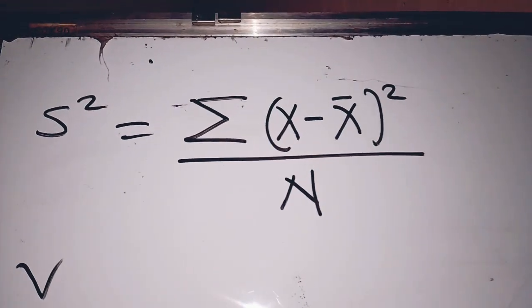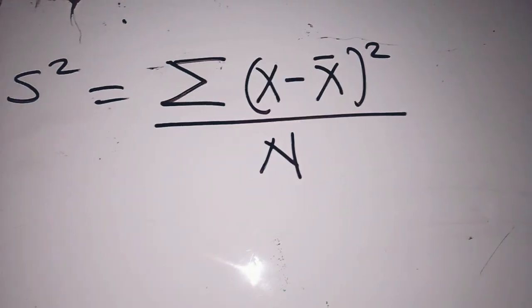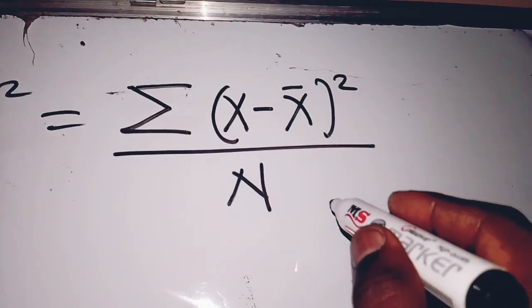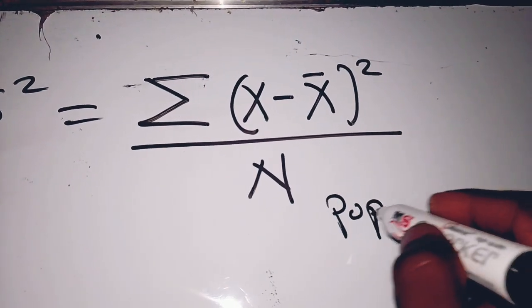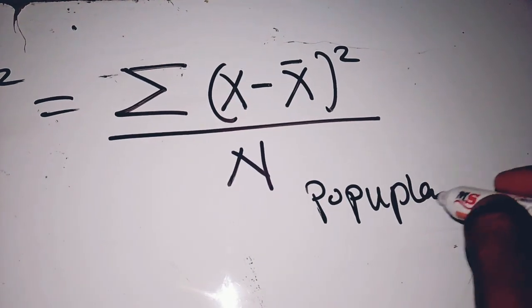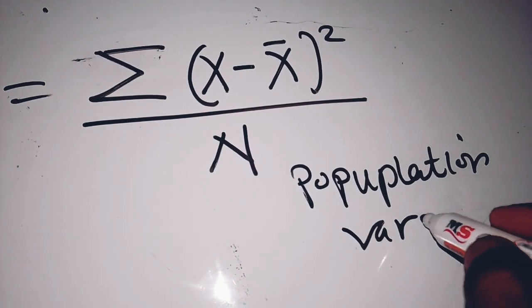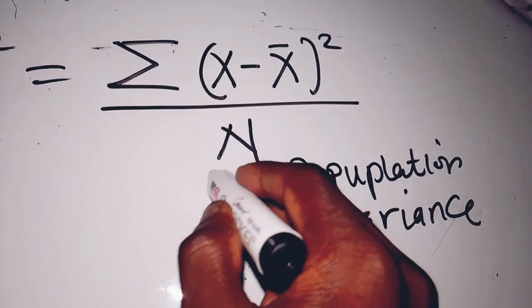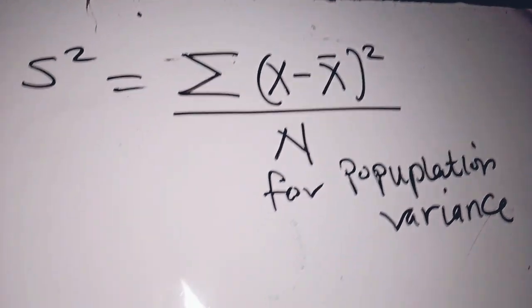So this formula is only applied for population variance, where you just put n.